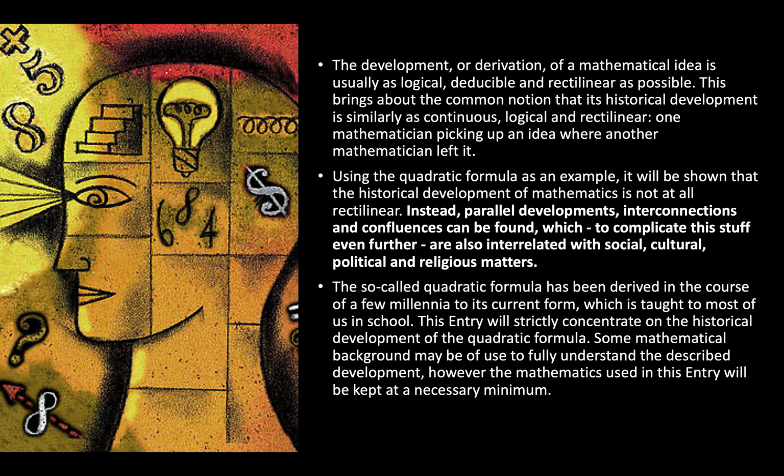Using the quadratic formula as an example, it will be shown that the historical development of mathematics is not at all rectilinear. Instead, parallel developments, interconnections, and confluences can be found, which, to complicate things even further, are also interrelated with social, cultural, political, and religious matters.